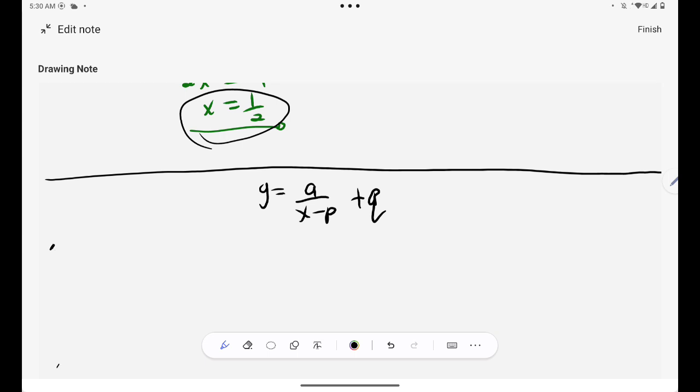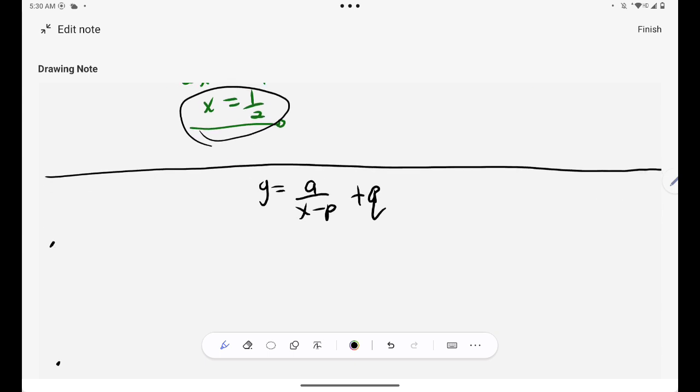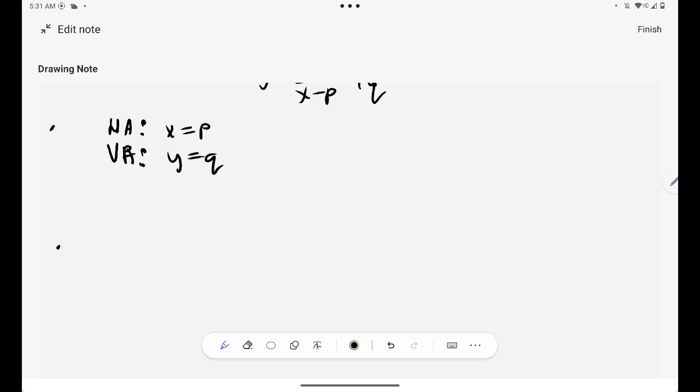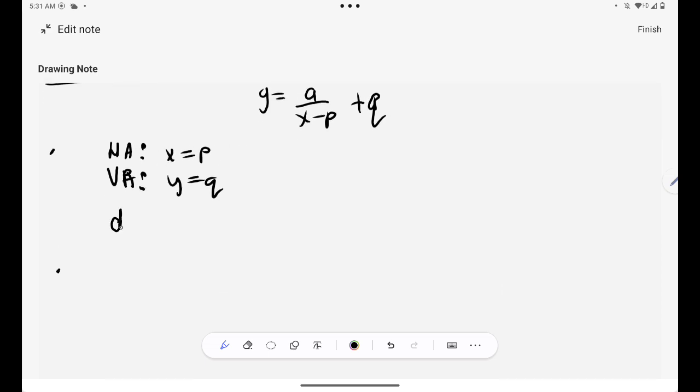This graph is very simple, guys. The thing that you must know is that your horizontal asymptote is always y is equal to q, your vertical asymptote is always x is equal to p, and then they'll ask you about the domain of your graph.